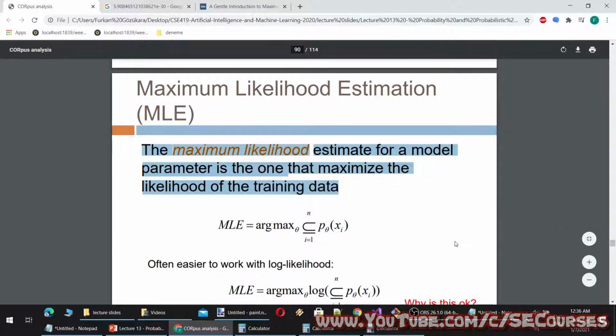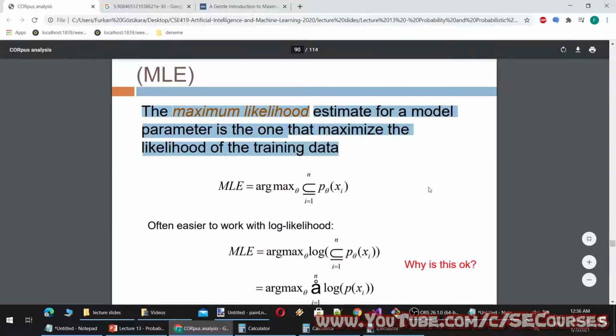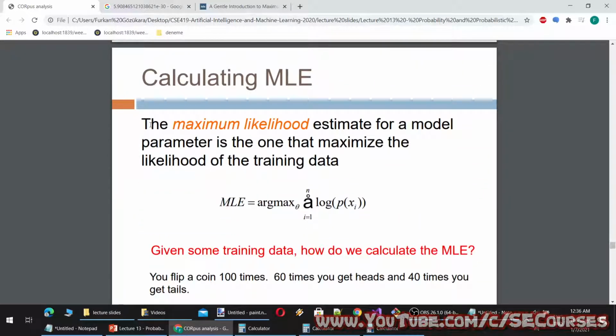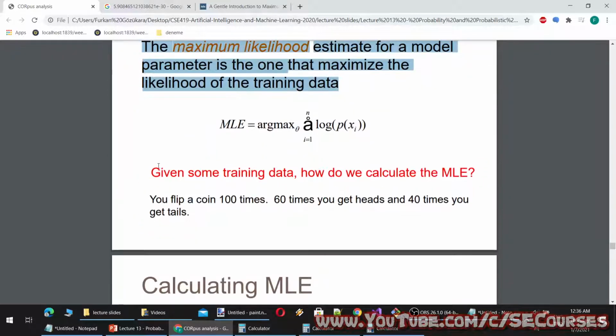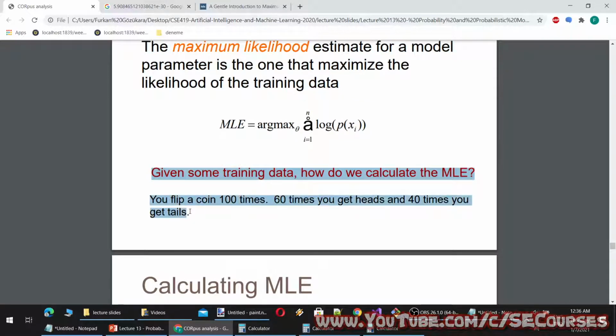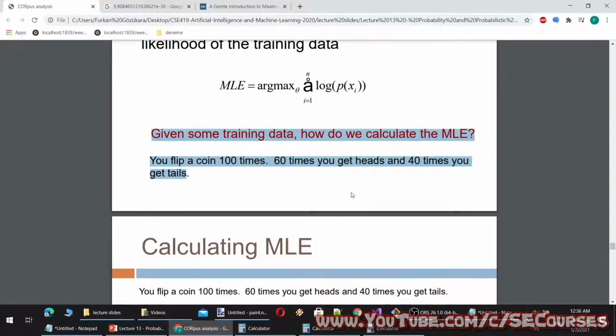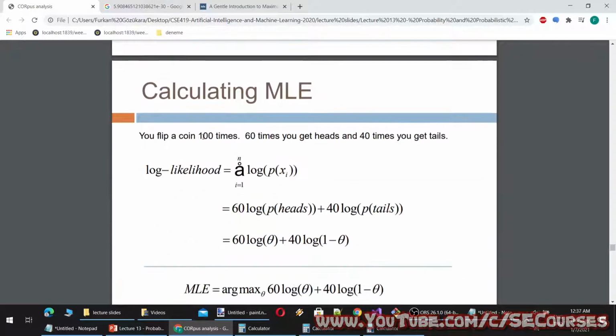The maximum likelihood estimate for a model parameter is the one that maximizes the likelihood of the training data. Given some training data, how do we calculate the MLE? You flip a coin 100 times. 60 times you get heads and 40 times you get tails.